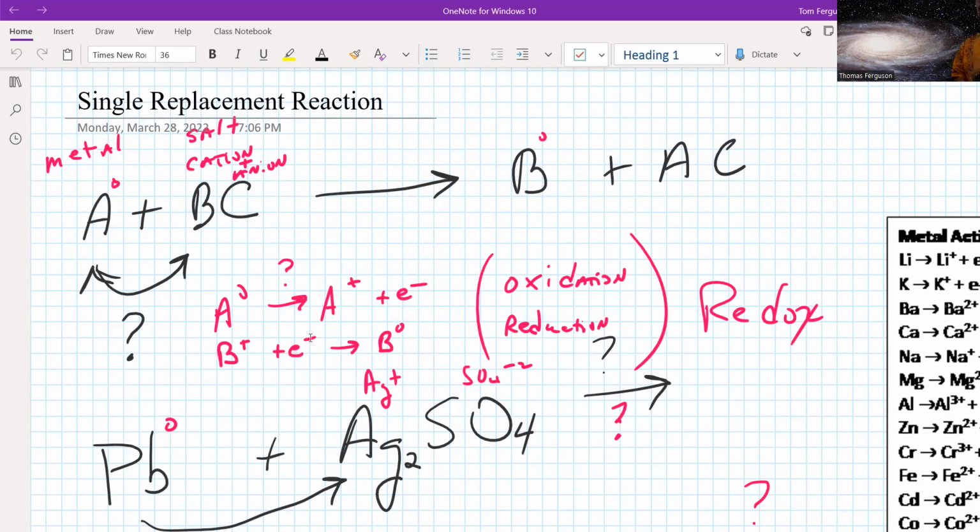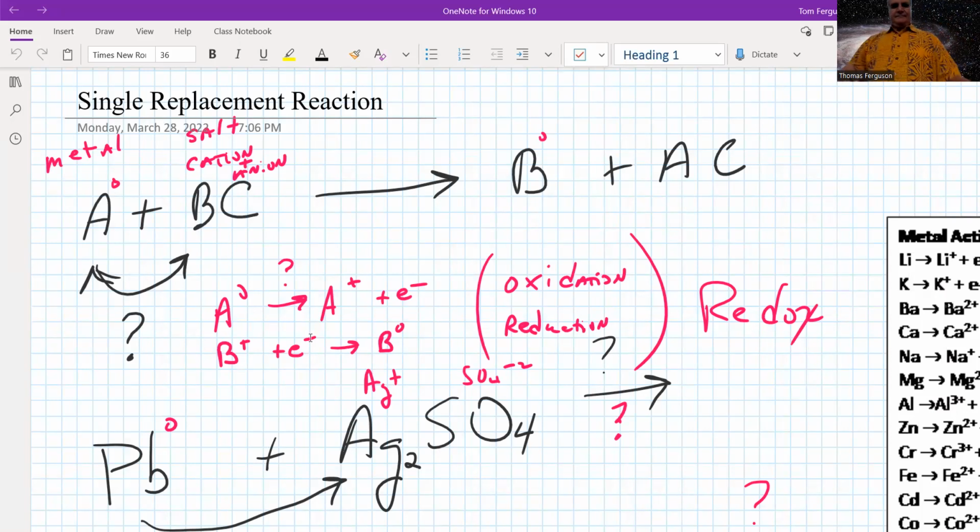When I write the metal, I put a 0 charge on it, just so you know it's a metal. Most people do not. Other instructors may or may not put a 0 on the metals. I like to put a 0 to show that it's a metal that has no charge, because when we talk about oxidation and reduction, there's a charge involved. That's the main thing with single replacement reactions.